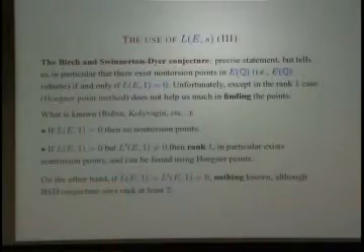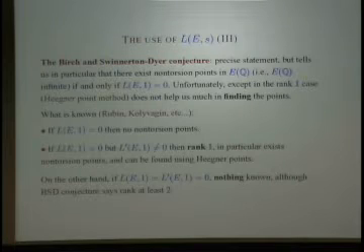If L of E,1 is equal to 0, but the derivative at 1 is different from 0, so that the order of the zero at s equals 1 is exactly 1, then the algebraic rank of the elliptic curve is exactly 1. And in particular, there exist non-torsion points, which can be found using the Heegner point method.